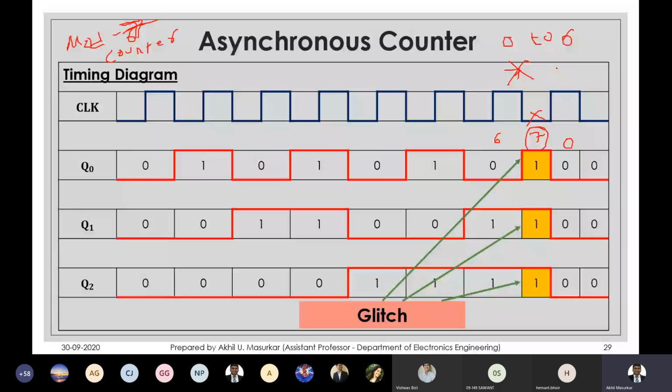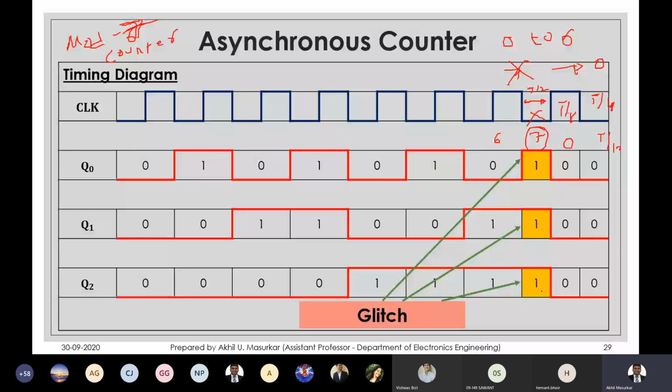But for a small duration of time, it can be equal to half the clock, t by 2. It can be anything, t by 8, t by 16, t by 10, whatever. It is for a small duration of the clock that it enters the 7th state and then it becomes 0.